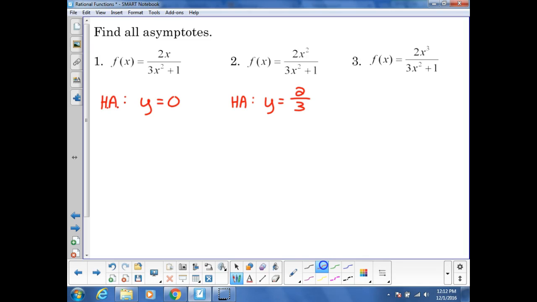Yes. Step 2. Find the horizontal asymptotes. How do I find the horizontal asymptotes? By checking, not the exponent, by checking the degree. Okay, the degree of the top over the degree of the bottom, right? And what are my 3 choices?